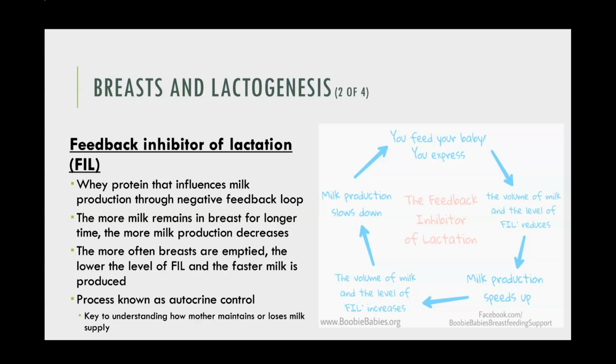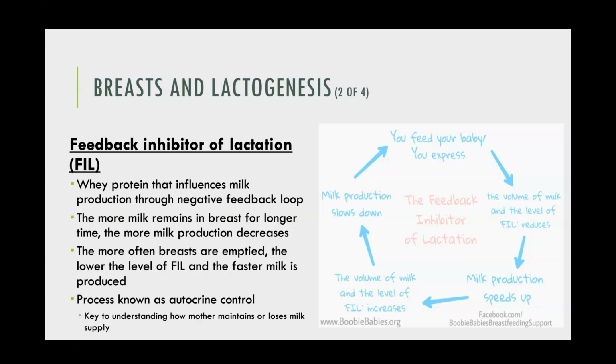And speaking of inhibiting milk production, lactogenesis works off of this inhibition system. Specifically, it is the feedback inhibitor of lactation. Basically what this means is that there is a negative feedback loop that happens with milk production and breastfeeding.